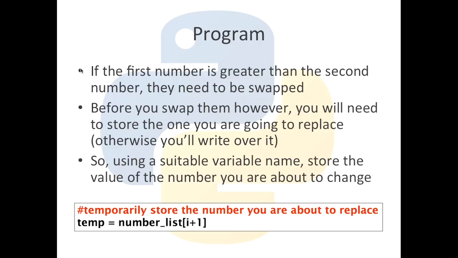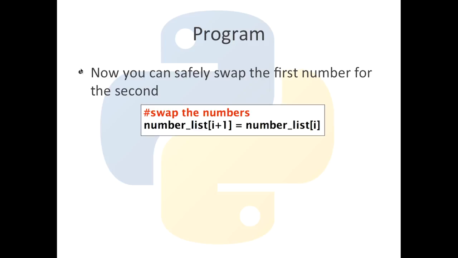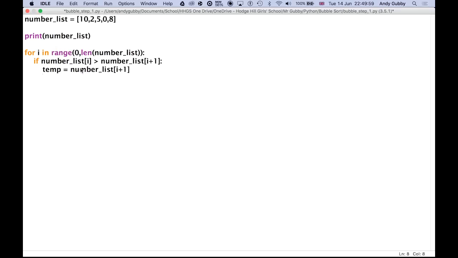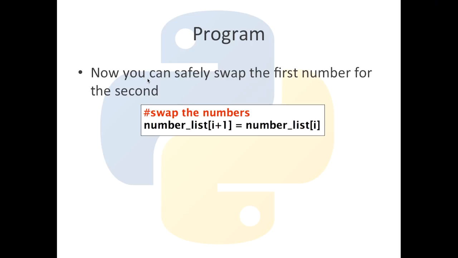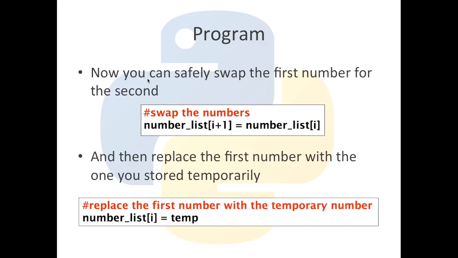Now we've stored that temporarily, we can move on and we can swap the first number with the second. So we just say number list I plus 1 equals number list I. Now we've swapped the numbers, we can replace the first number with the one that we've stored temporarily.